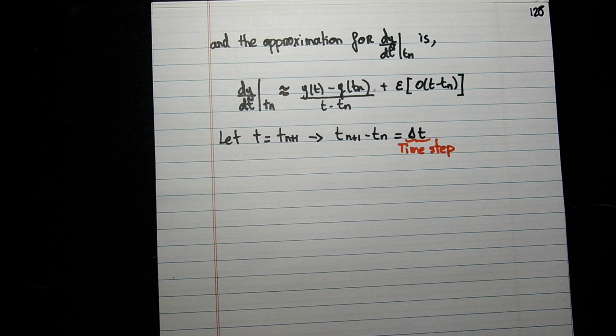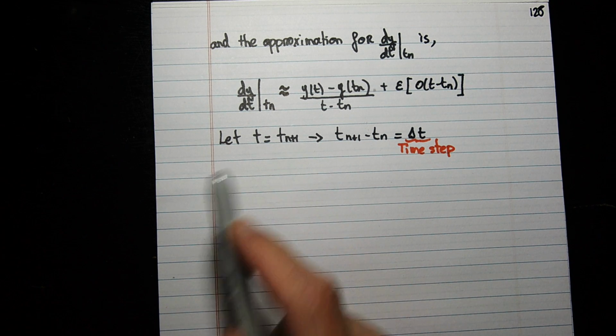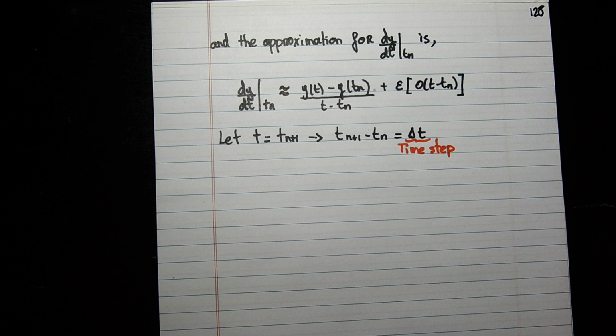If you want to do the backward substitution or Taylor expansion, you would just put t over t minus 1. Okay?